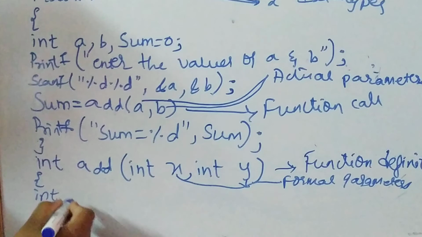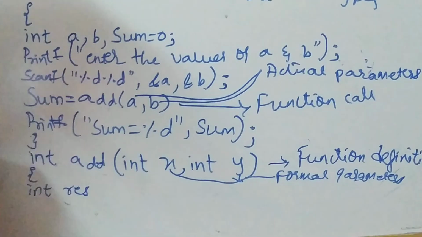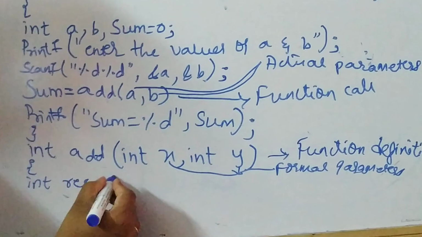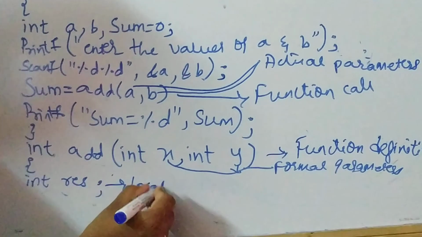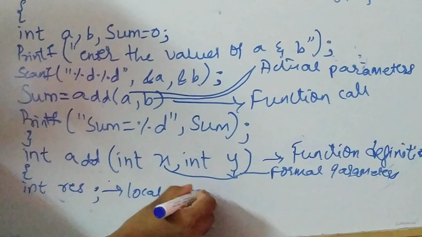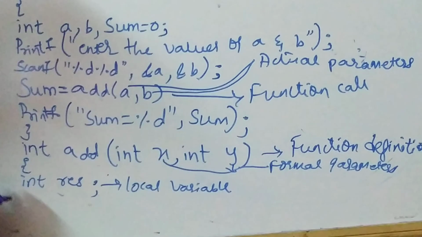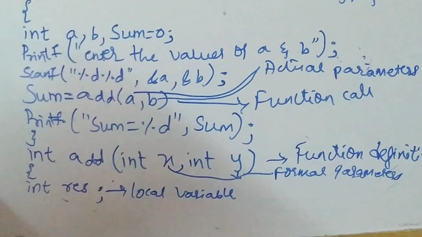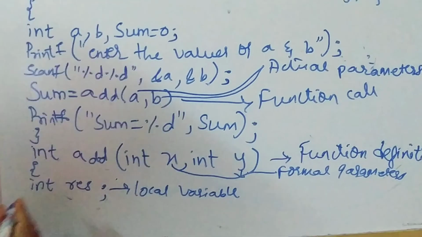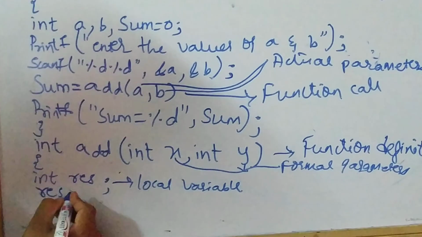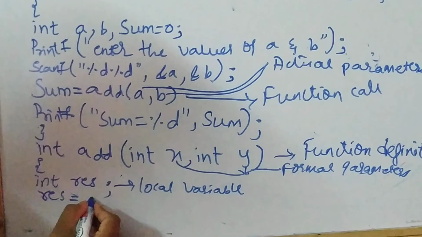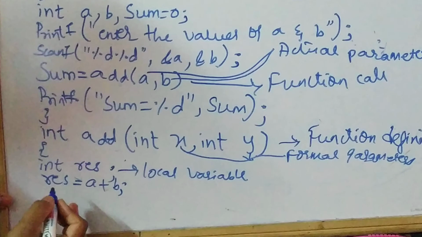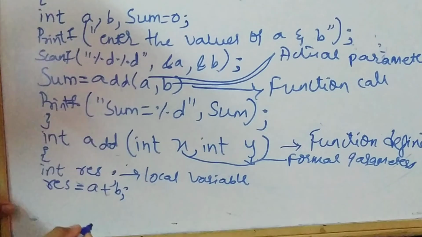int res, that is one variable. We can call it a local variable. So next, res is equal to a plus b semicolon, because this is an addition of two numbers program.